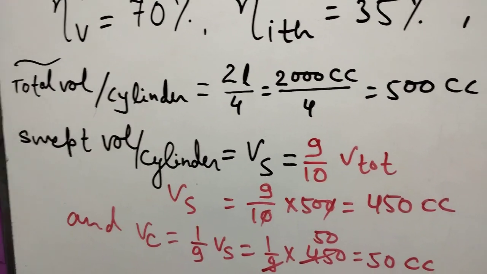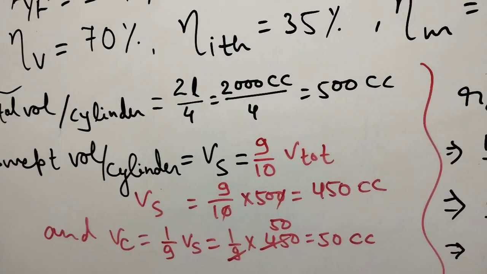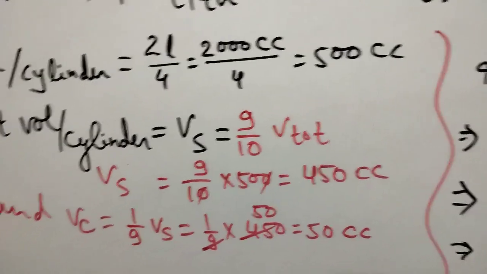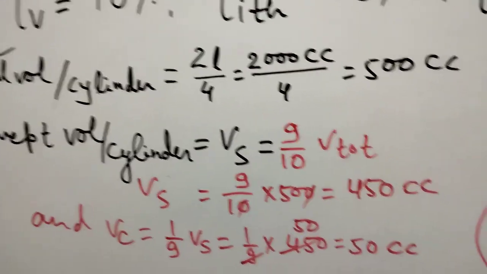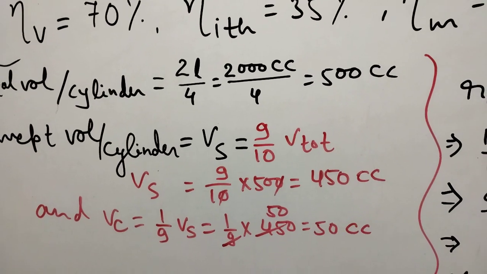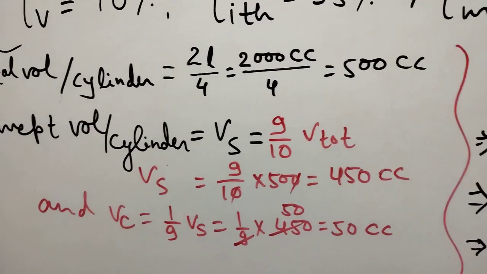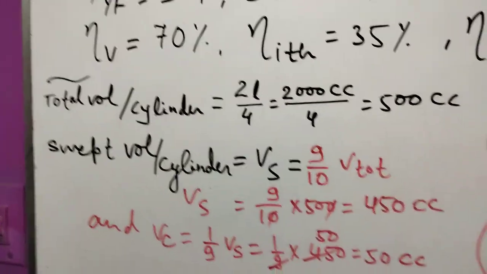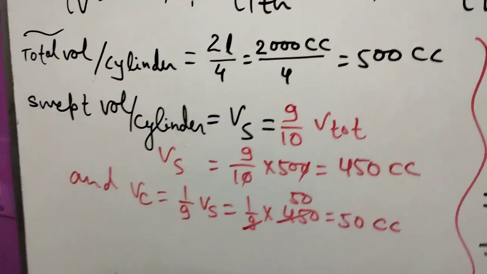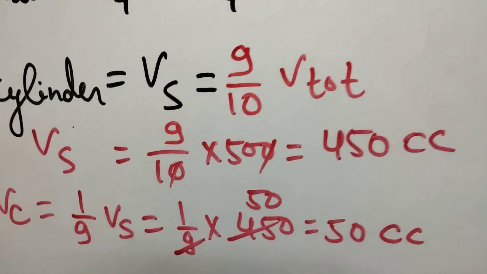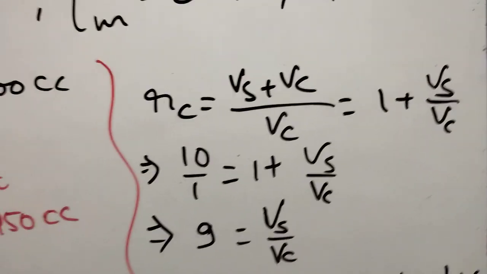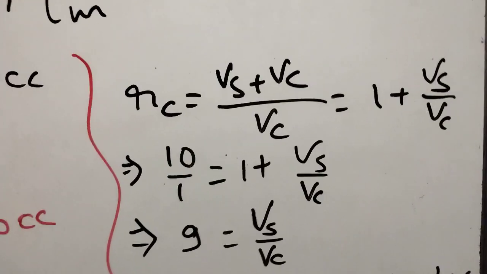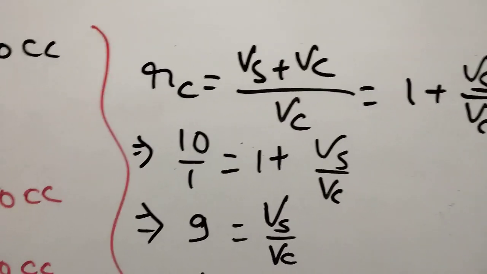Now we calculate the swept volume per cylinder. Vs equals 9 by 10 V total. Where does it come from? First we put the value of the compression ratio, which is the total volume divided by the swept volume.